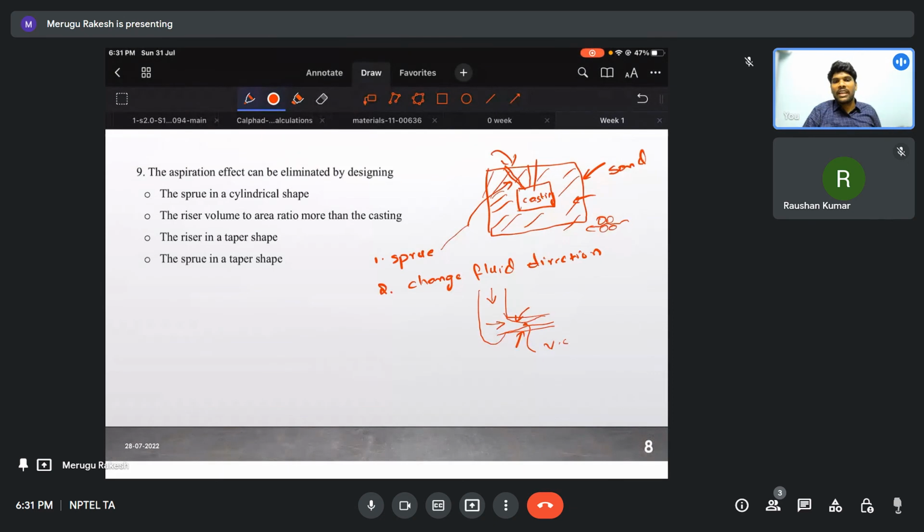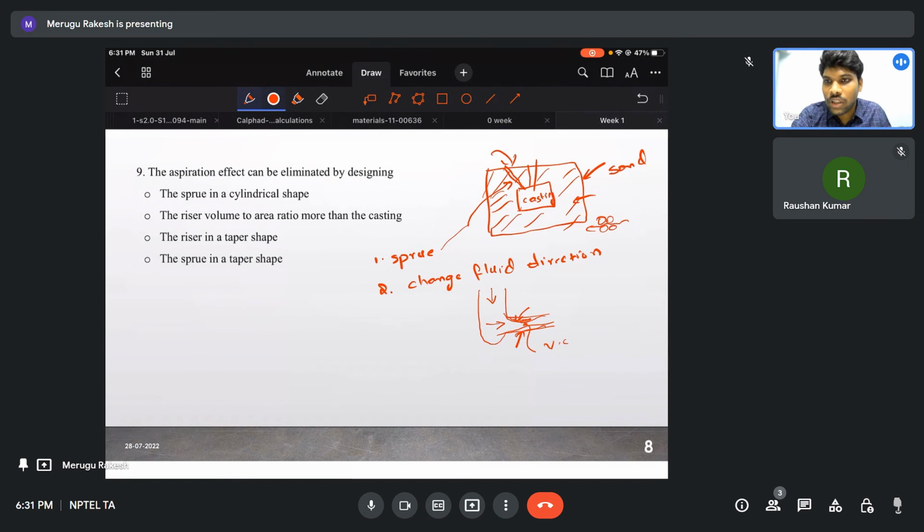We can expect some air to be entering in that area, and it may cause defects in castings. We can take care of this by designing the sprue. We can provide some material like this. If you follow the fluid path, there will be no chances of this aspiration effect. We should not restrict it, so that we'll get a good sound casting.